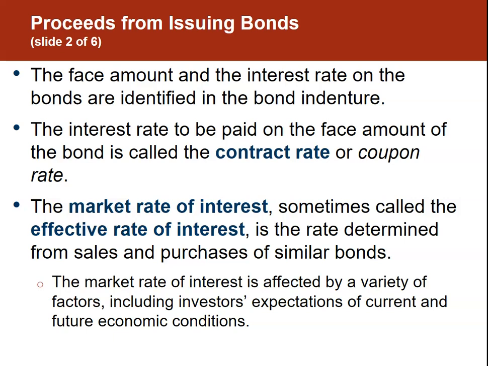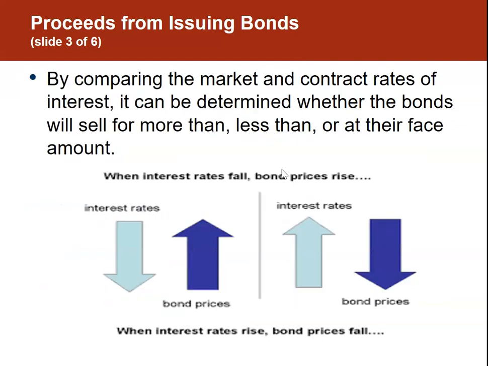The chances that the contract rate is going to match the market rate of interest is pretty slim. So when we compare the market rate of interest to what we have on the contract, we have to make adjustments up or down to the bond price.